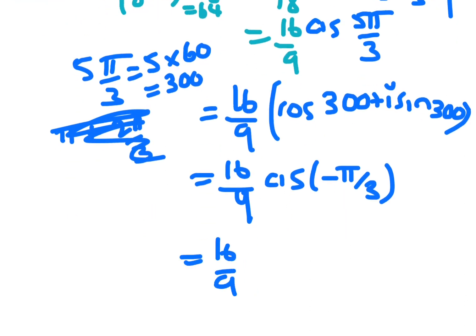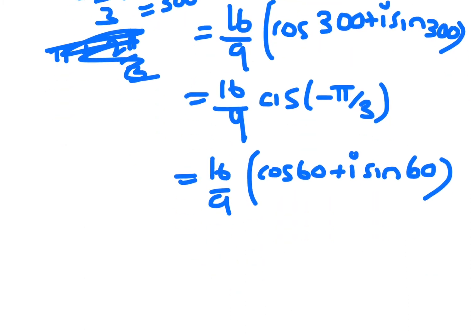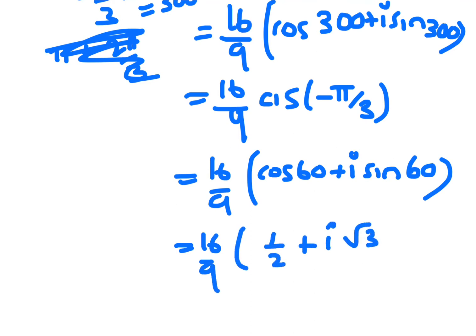In the form of a plus ib, cos of 300 is the same as cos of 60, and sine of 300 is the same as sine of 60. So it's 16 on 9. Cos of 60 is a half. Sine of 60 is root 3 on 2. Now, just one thing.